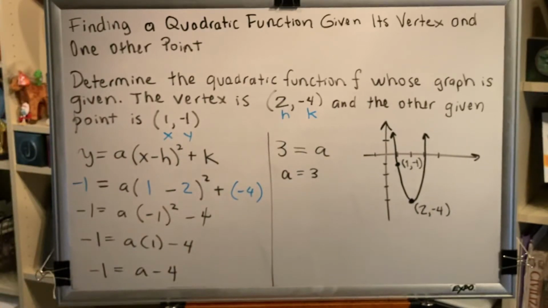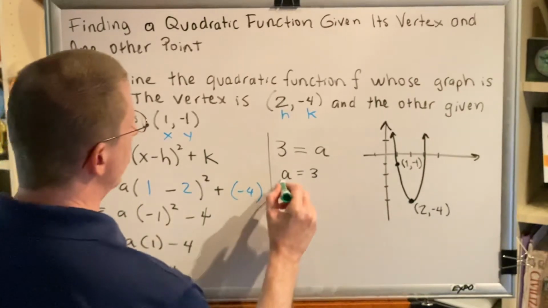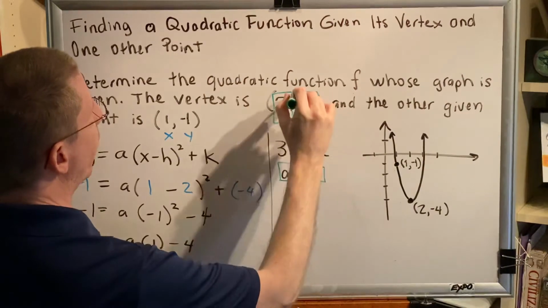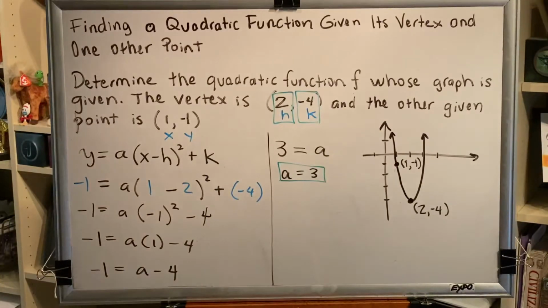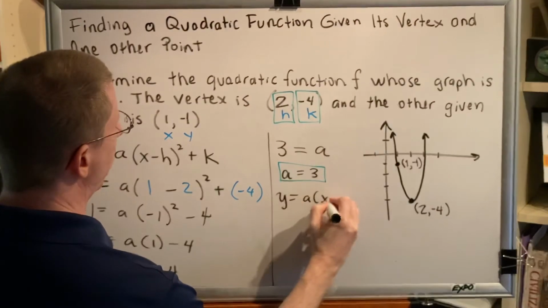All right, so now we know the three pieces of information that we need to write the equation of our quadratic function. We know the value of a, we know the value of h, and we know the value of k. So we're ready to do step 3, which is to put a, h, and k into our vertex form of a parabola. So I will rewrite the vertex form one more time.